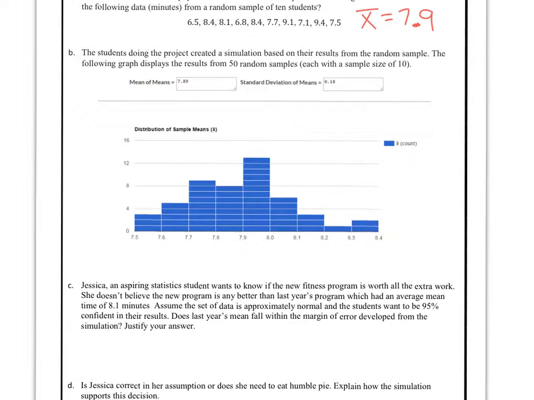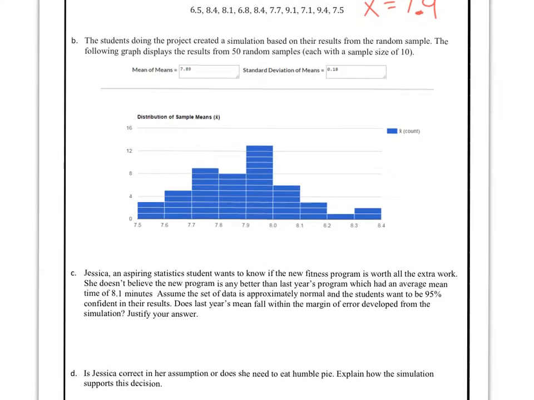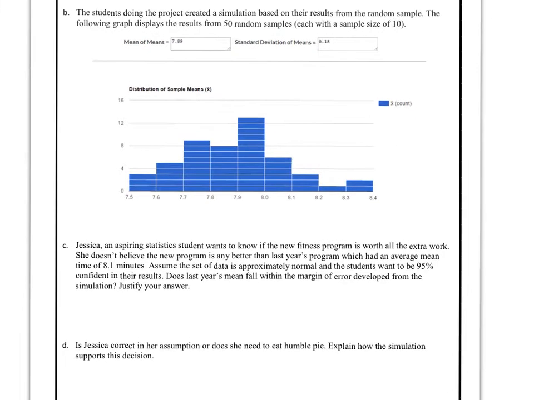That will always happen. We will be given a simulation that looks approximately normal, or that they say will be approximately normal. They'll give us a mean, they'll give us a standard deviation, and we're going to figure out what would be within 95%. So to do that, we know that 95% is within 2 standard deviations of the mean.